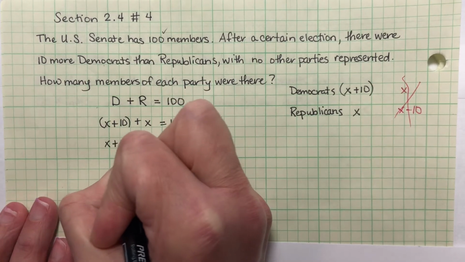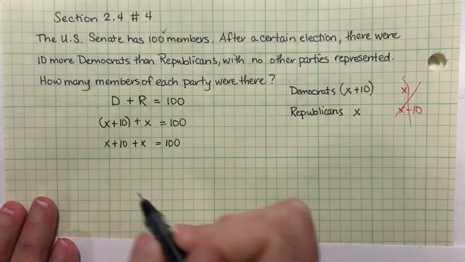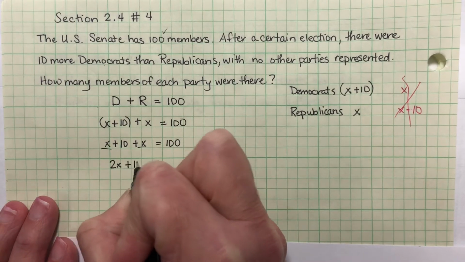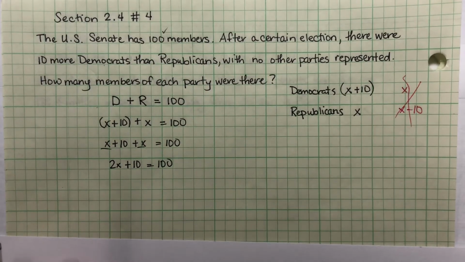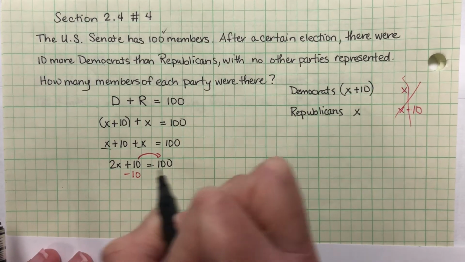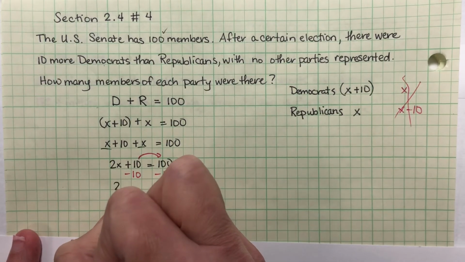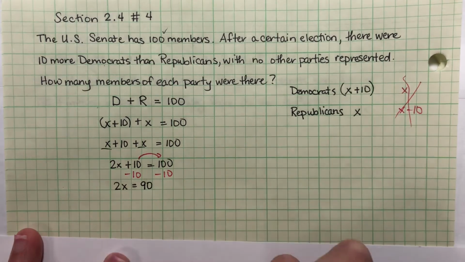So this is the same as X plus 10 plus X is equal to 100. X plus X is 2X plus 10 is equal to 100. Okay. Now to get the 2X by itself, I'm going to subtract 10 from both sides. And that gives me 2X is equal to 90.